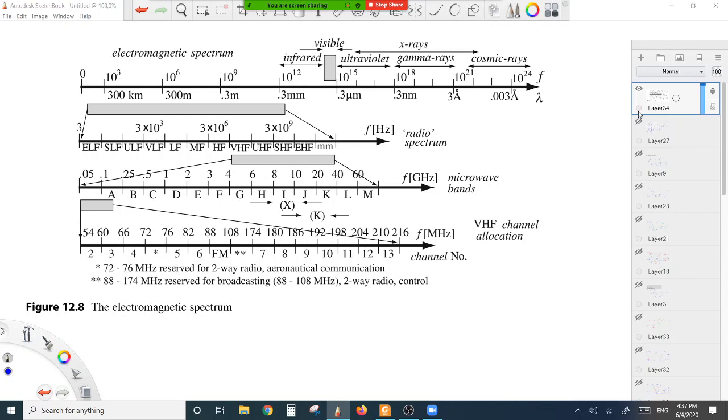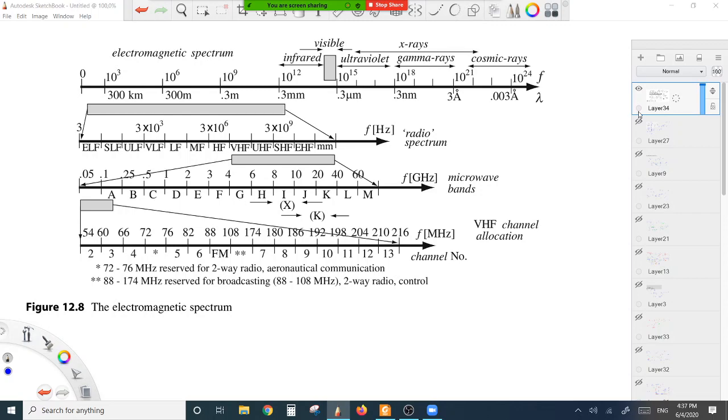As you can understand, the electromagnetic spectrum is divided into various bands, based either on frequencies or the equivalent wavelength.